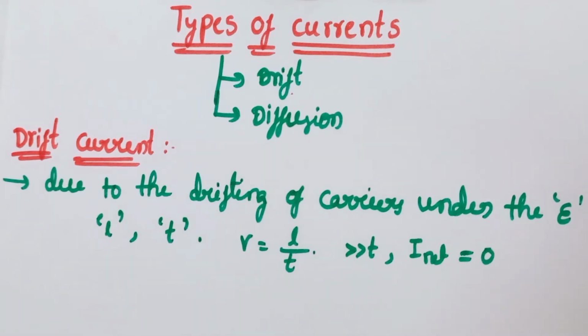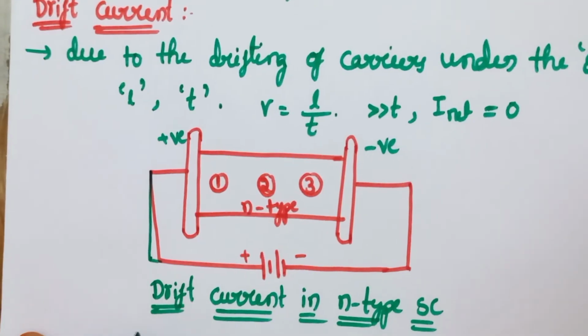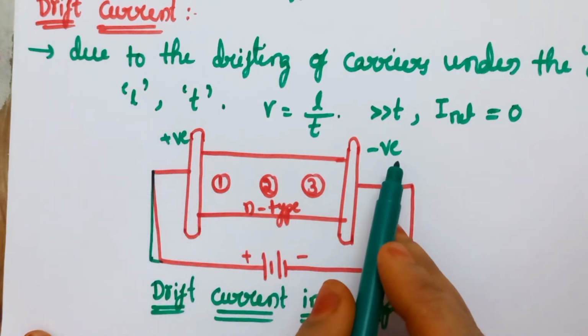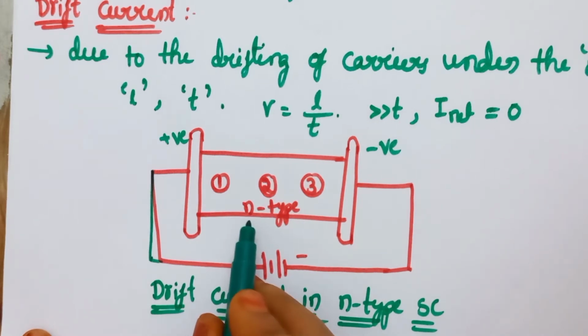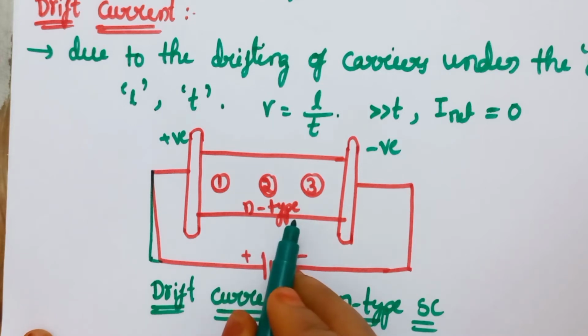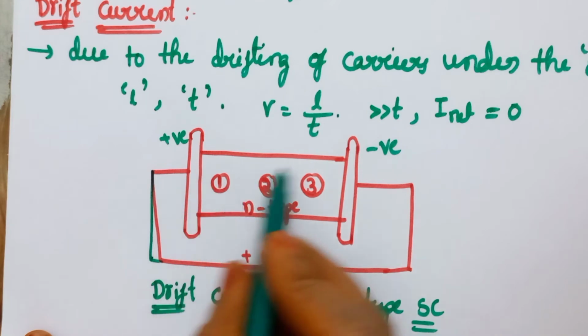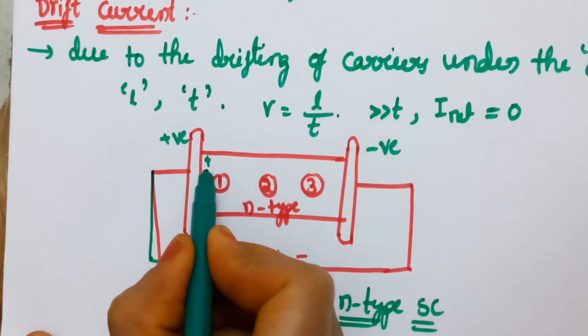We can explain this by using a diagram as shown in this figure. Here we are taking two electrodes, one positive and one negative, connected to a battery, and the semiconductor used here is assumed to be N-type. Using the battery, an electric field is applied. Under the influence of this field, all the electrons will move towards the positive electrode side.